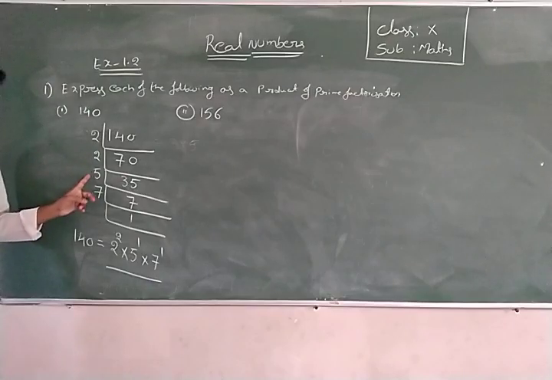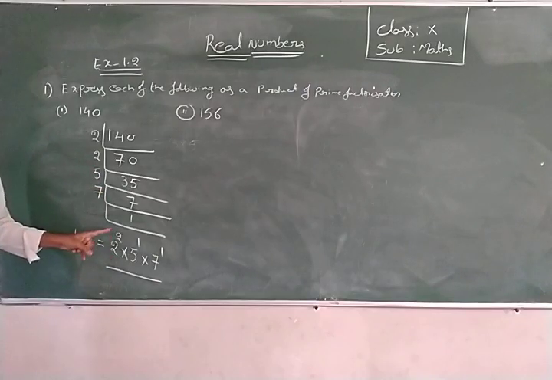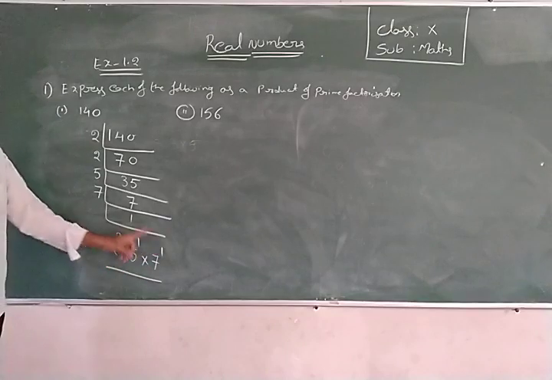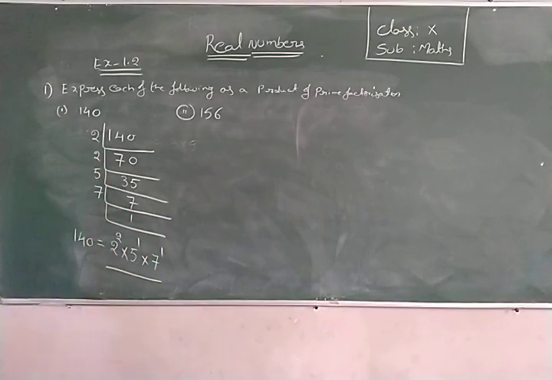Here 2, 5 and 7 are all prime numbers: 2 power 2, 5 power 1 and 7 power 1. Prime factorization or exponential form, both are the same.